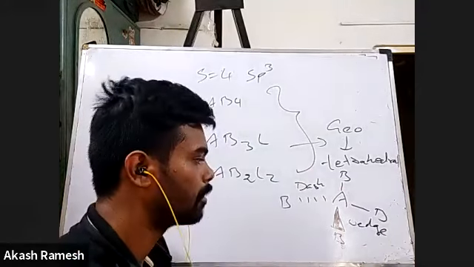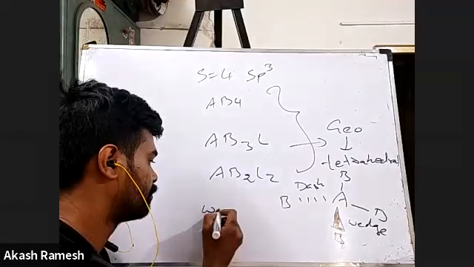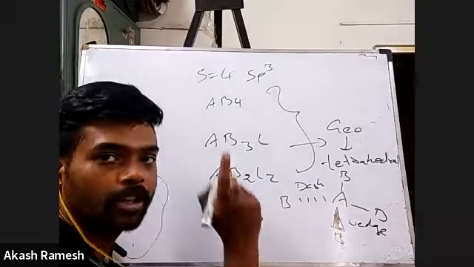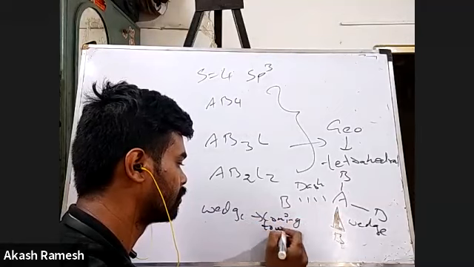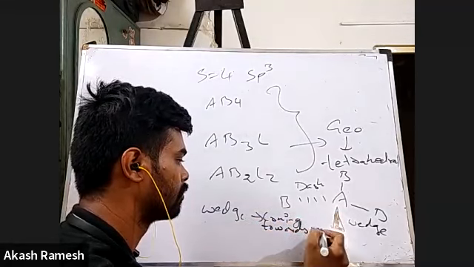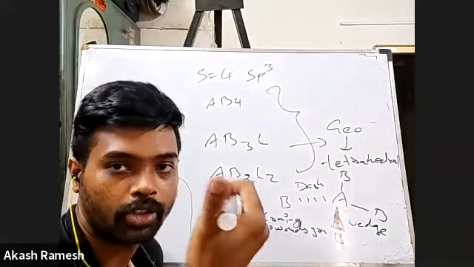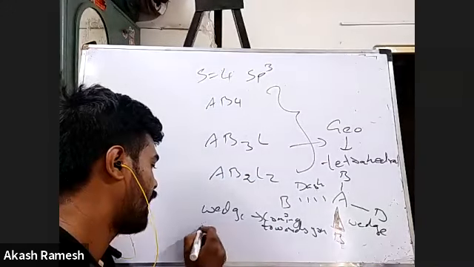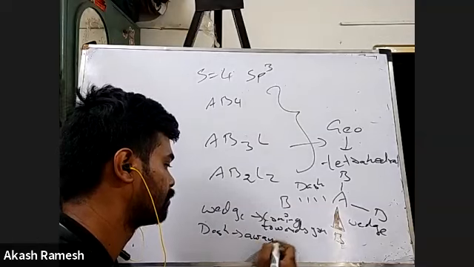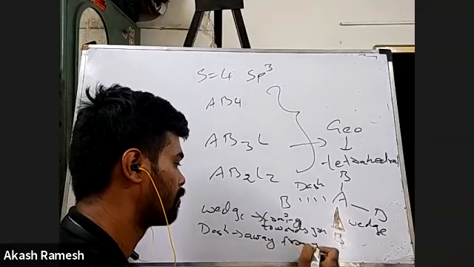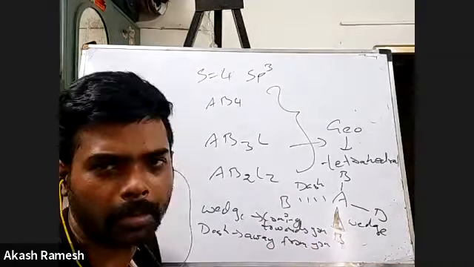Okay. So now remember, wedge represents the bond is coming towards you. And whenever I say dashed line, it is going away from you. This is the easiest way to remember.